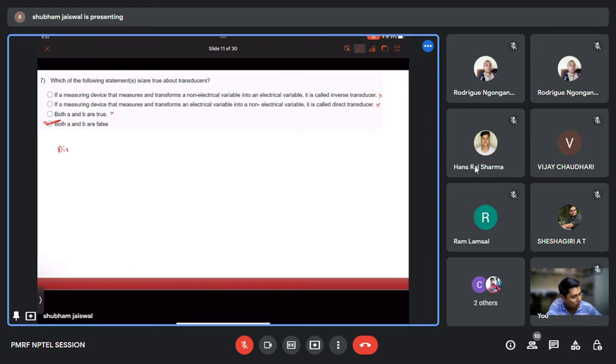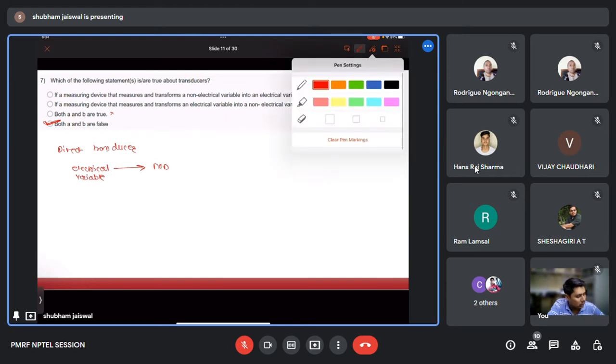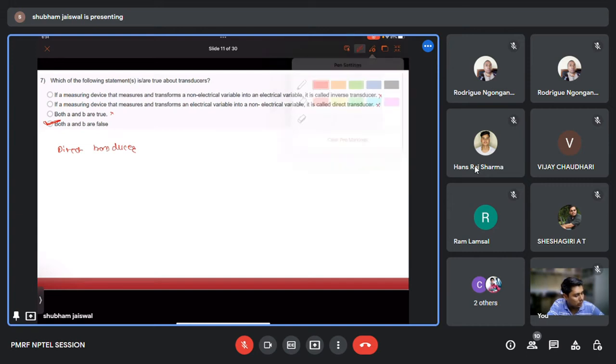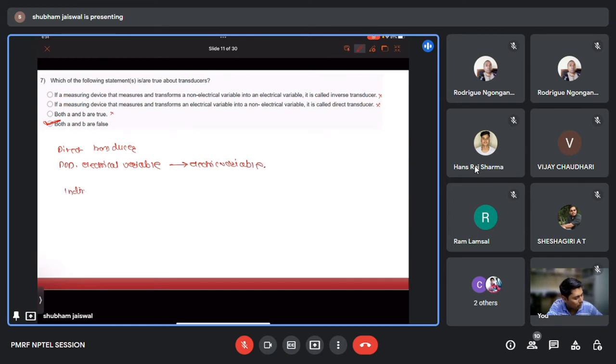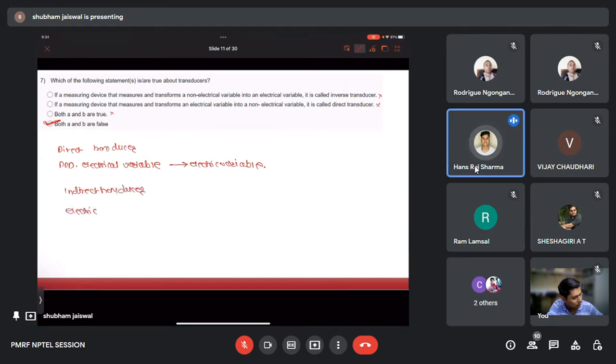Why? In a direct transducer, the non-electrical quantity is converted into an electrical one, and in an indirect transducer, the electrical quantity is converted into non-electrical variables.